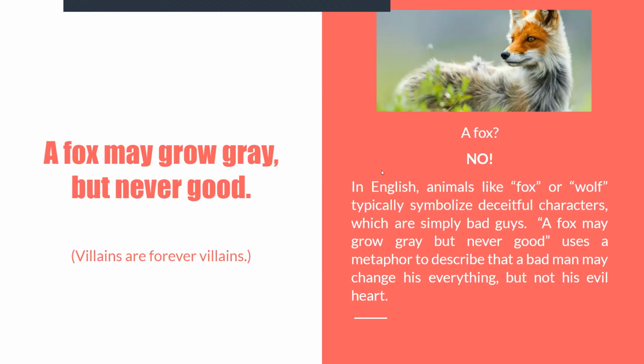Oh, I forgot to explain villains. Villains are opposite to heroes. It typically means that villains are bad guys. And a fox may grow gray but never good uses a metaphor to describe that a bad guy may change everything, like his appearance or his attitude in front of you, but his evil nature won't be changed.